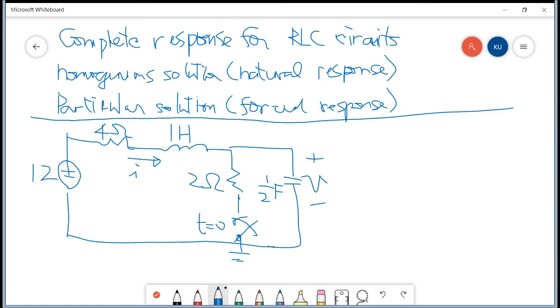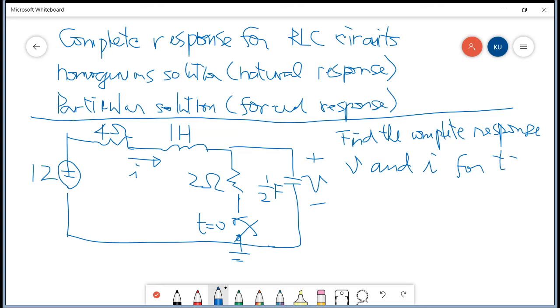So we'd like to find the complete response V and I for t larger than 0.